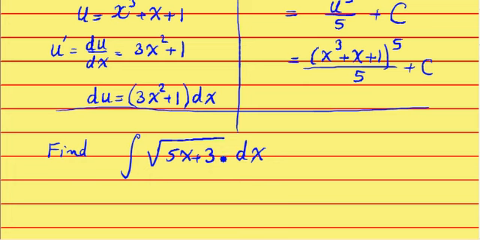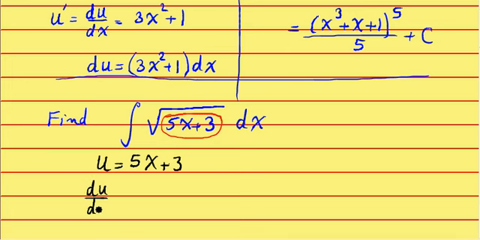Well, I would have had an easier time with this if I just had an x in a radical. I would have applied the power rule there and gotten my antiderivative. But this 5 and 3 kind of throw me off. To cure that situation, I rename this. I take that as my substitution. I take u to be 5x plus 3. Compress all of that into one variable.